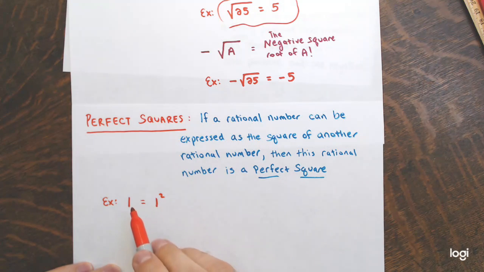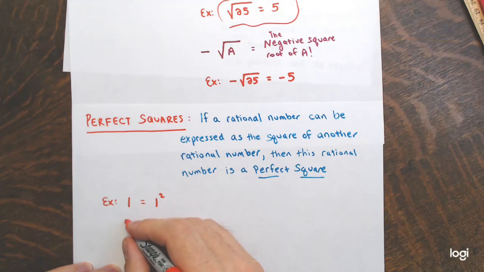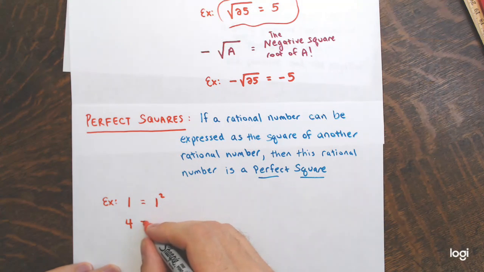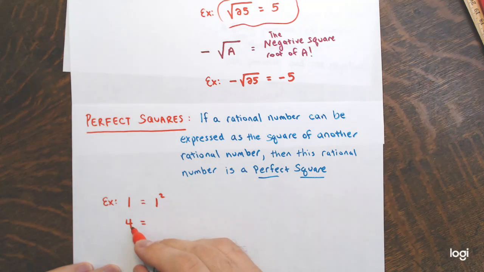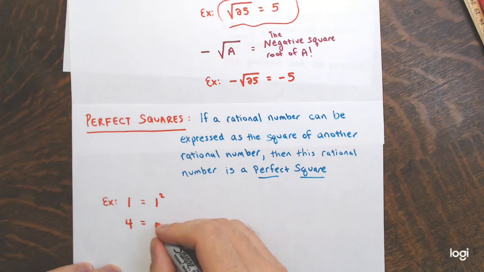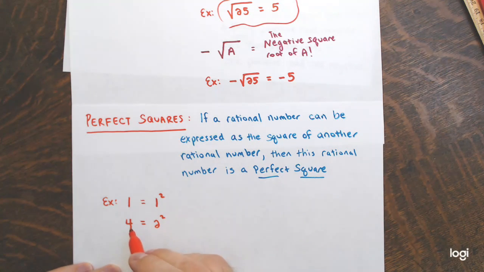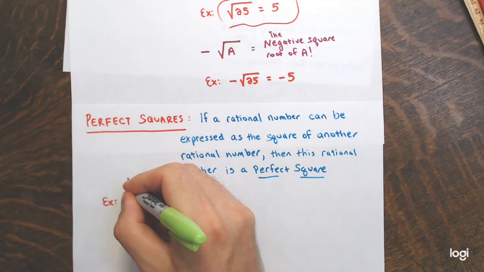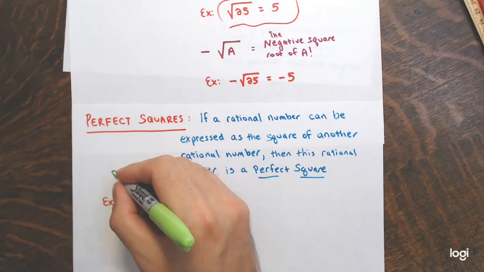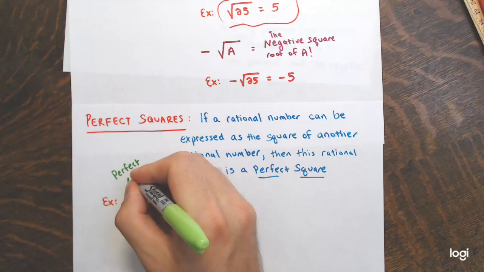So 1 is a perfect square. 4 is a perfect square, right? Because 4 can be expressed as another rational number, 2 to the second power. So I'll just do this down here. Our perfect squares are in this column here. Here are some perfect square examples.